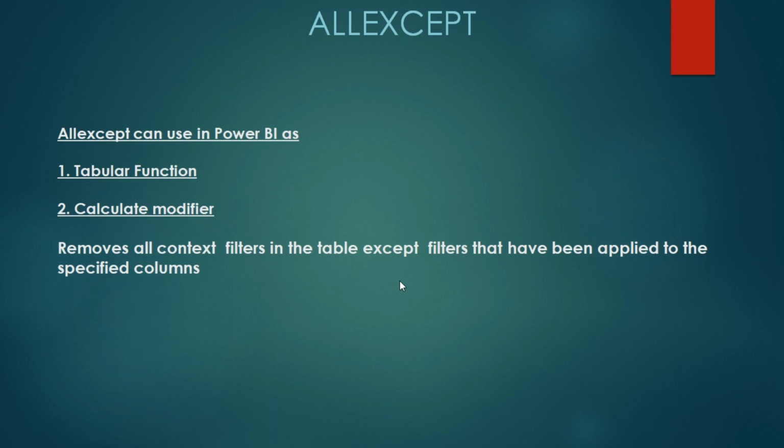So what is the meaning of ALLEXCEPT? It removes all context filters in the table except filters that have been applied to the specified columns. It means that it ignores all other columns except the columns that you are going to specify.